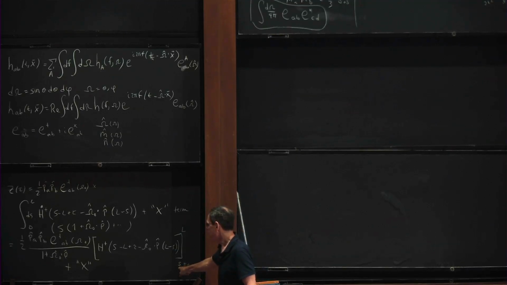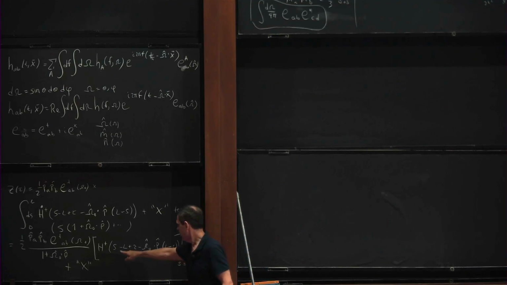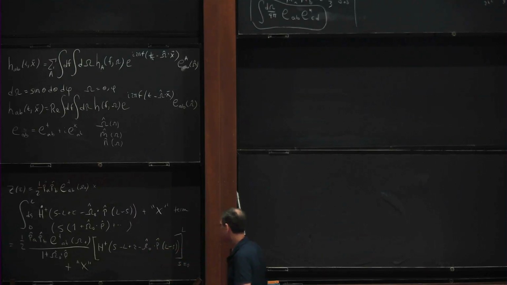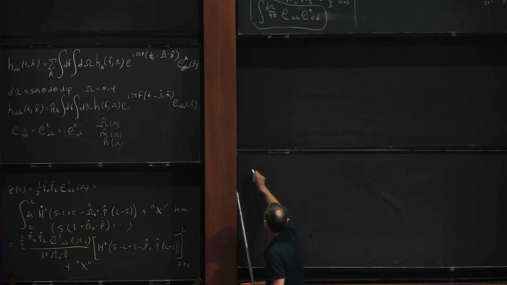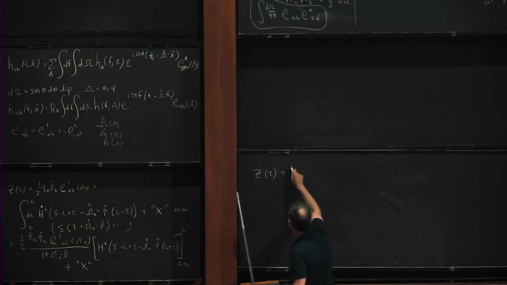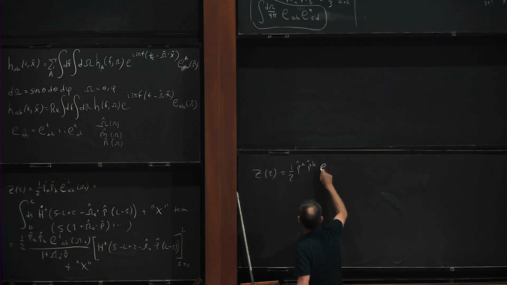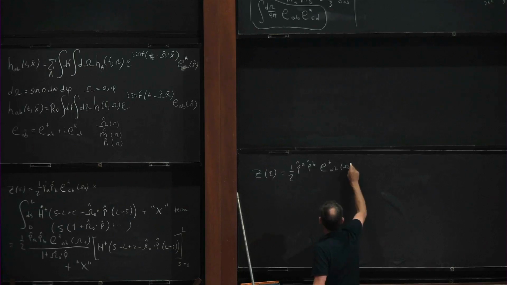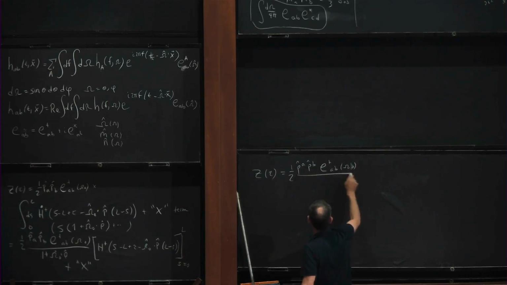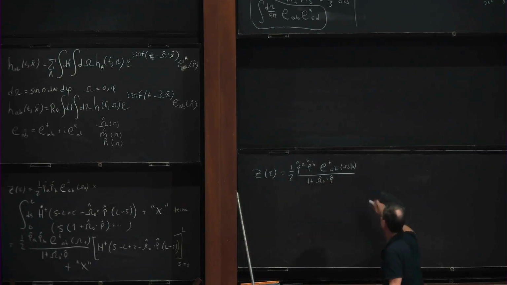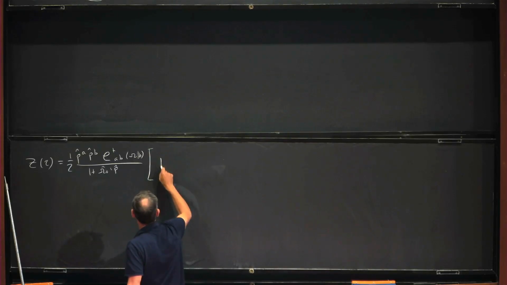When we put s equals 0, we get a minus L plus tau from here, and then here we get just omega 0 hat dot p hat. And then there's H plus.